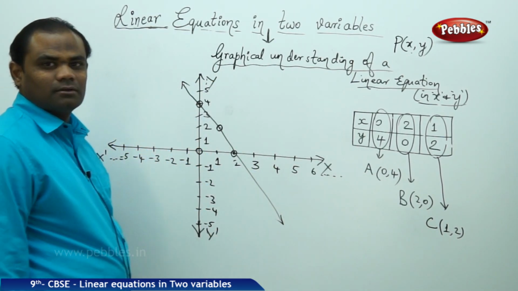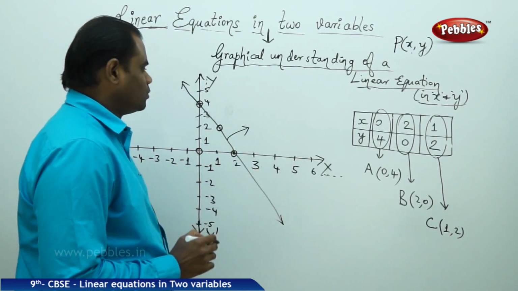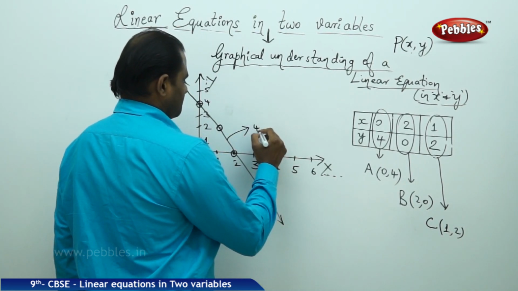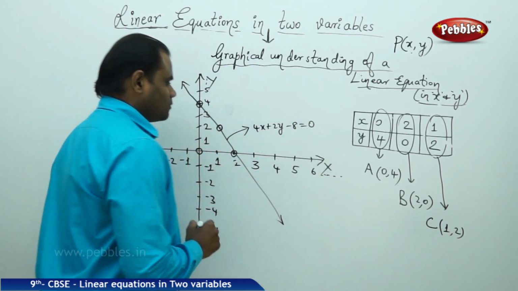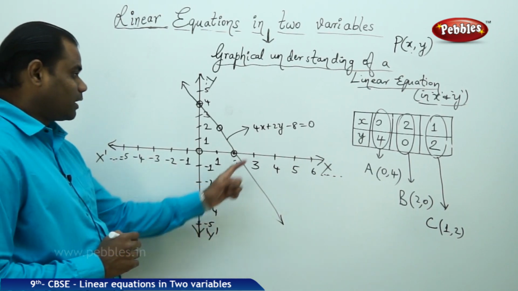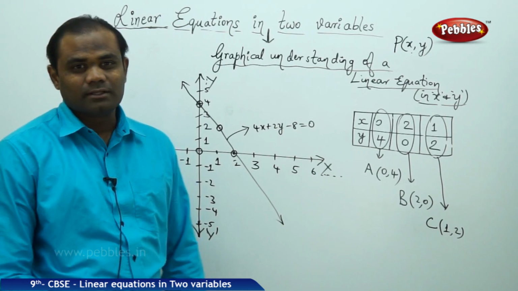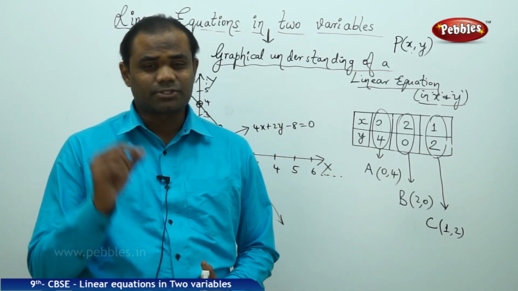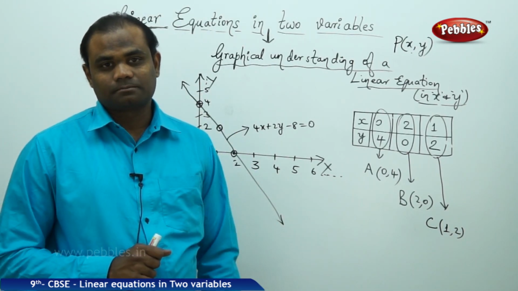Here is the line which I get for the given equation. A line with the equation 4x plus 2y minus 8 equal to 0 is this line in the xy coordinate system.